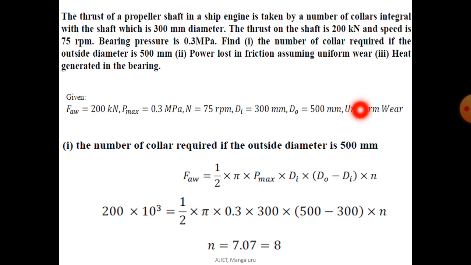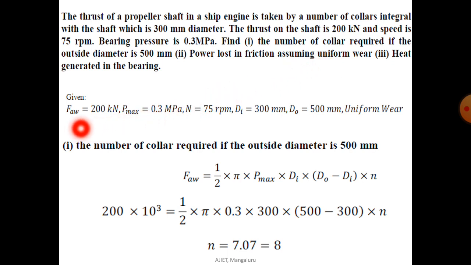Now you can see what are the important data they have given. In your data book from page number 258, you have two conditions: uniform wear condition and uniform pressure condition. If they have not mentioned it in the problem, you can always go for assuming uniform wear or uniform pressure condition.